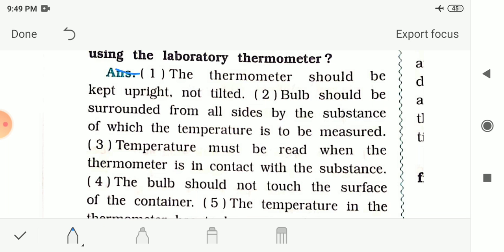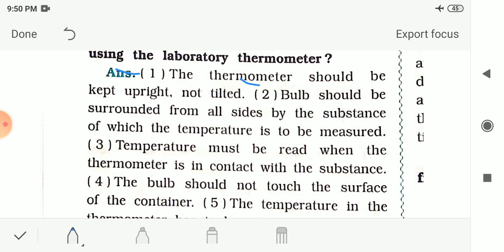Next is, the bulb should be surrounded from all sides by the substance of which the temperature is to be measured. The substance whose temperature you want to measure should surround the thermometer bulb.